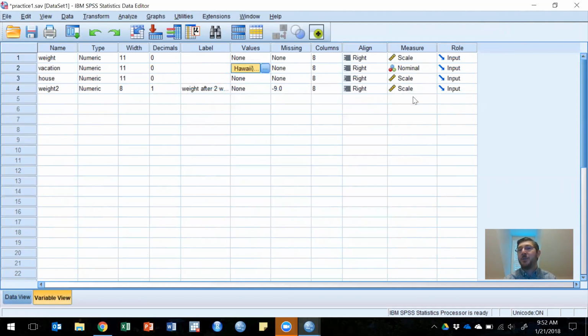And you'll probably also want to put in the scale of measurement. Sometimes SPSS will warn you if you try to run a procedure, like a t-test, on a nominal variable. It'll say, hey, this variable is nominal, you can't do that. Other times it doesn't. It's very inconsistent in the way that it does that.